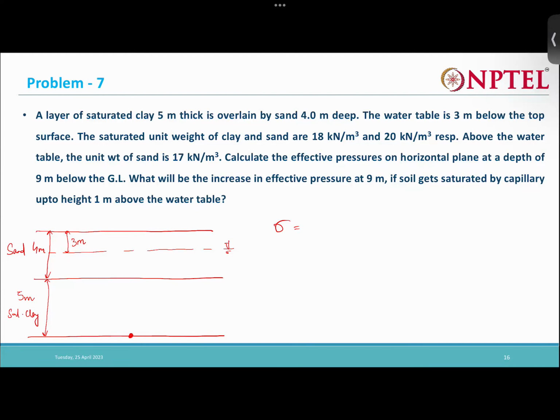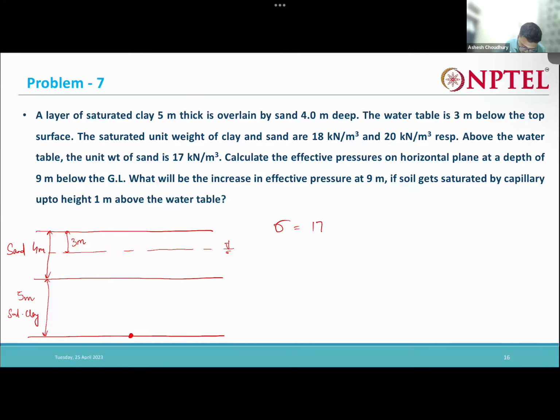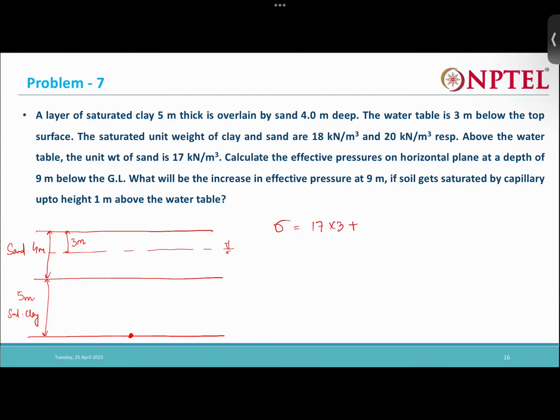Gamma 17 into 3, plus 18 into 1, plus 17 into 5.